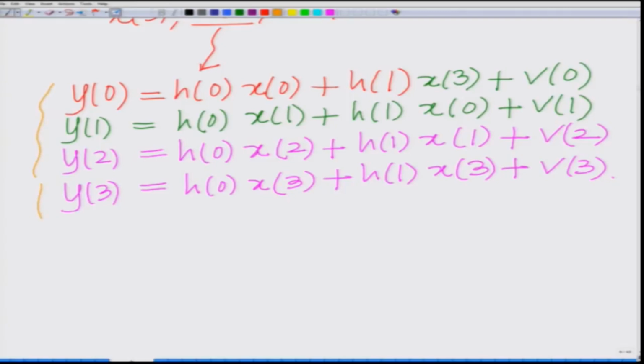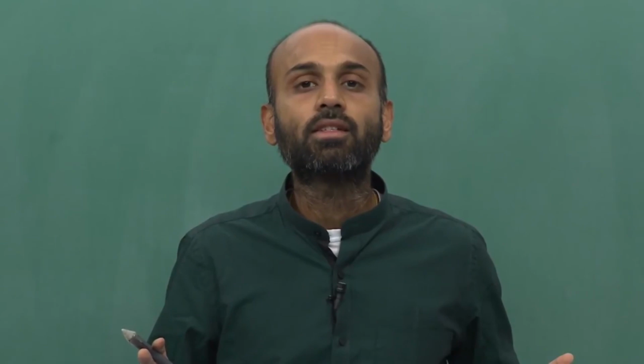at Y0, Y1, Y2, Y3, that can be basically represented as the circular convolution of the channel filter h with the transmitted samples x plus the noise, and that is the key operation, that is the advantage that this addition of cyclic prefix is giving us.